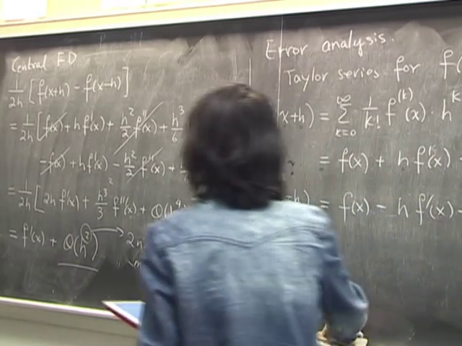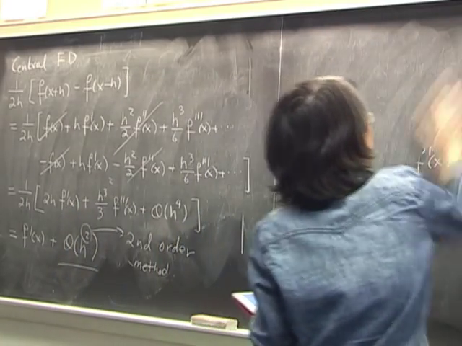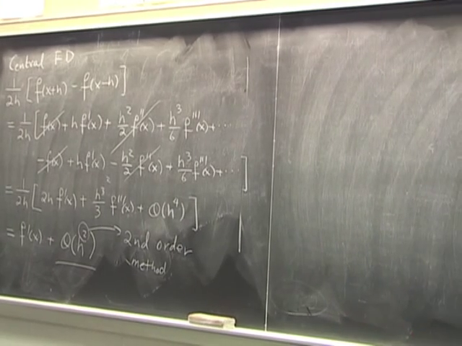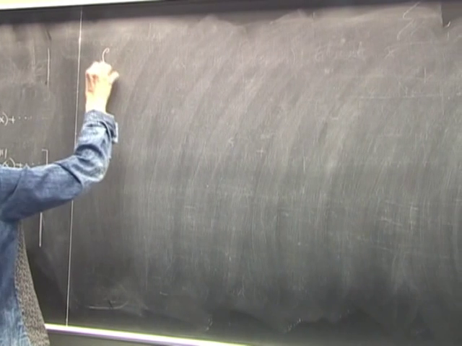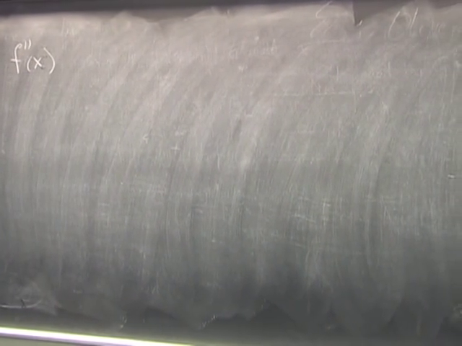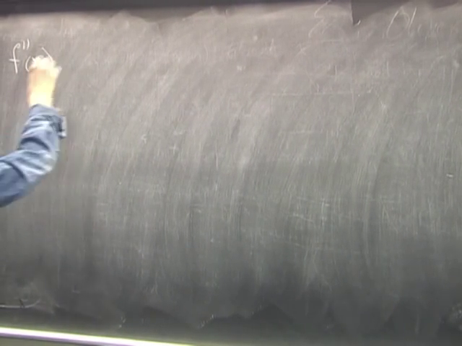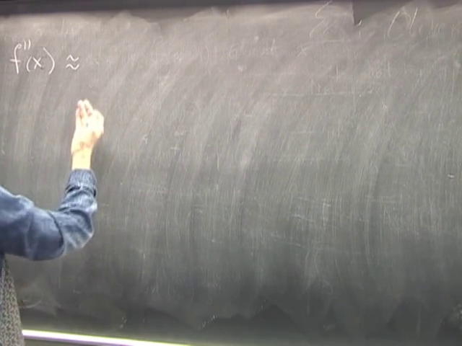Alright, so I will give you one more finite difference, which is very useful later on when we get into differential equations. That is how to approximate a second derivative. Later on we talk about differential equations, Laplace equation, heat equation, there's a second derivative.